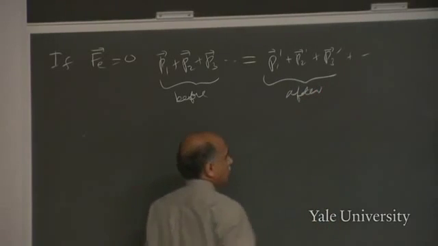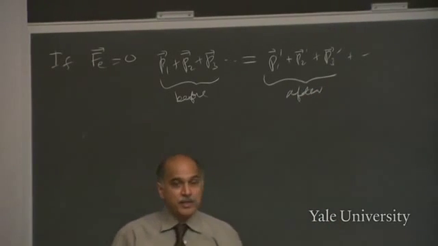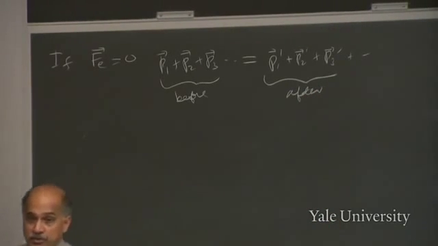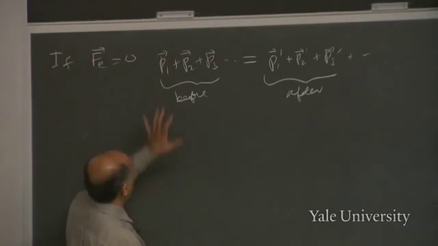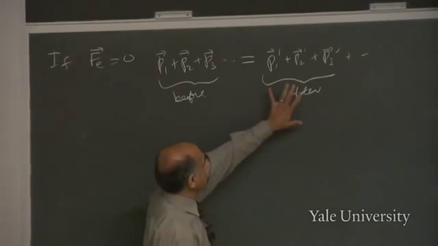When is before and when is after? Pick any 2 times in the life of these particles. It's like the law of conservation of energy, where we said E1 equals E2. There 1 and 2 stood for before and after. Well, here we cannot use 1 and 2 for before and after because 1 and 2 and 3 are labeling particles. So the before quantities are written without a prime, the after quantities are written with a prime.